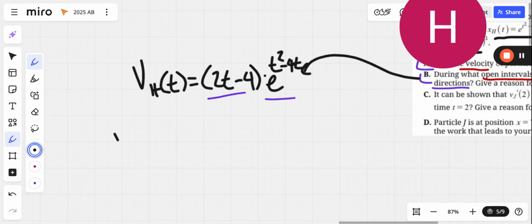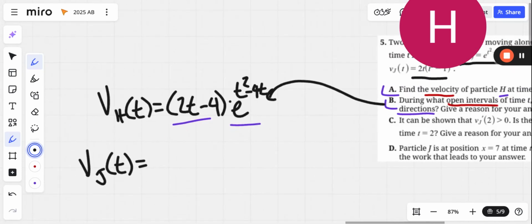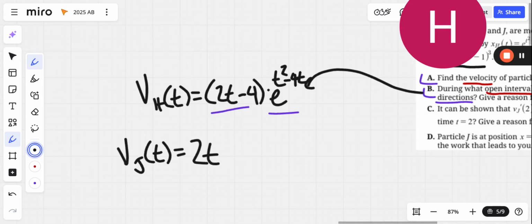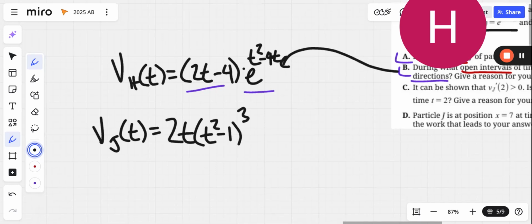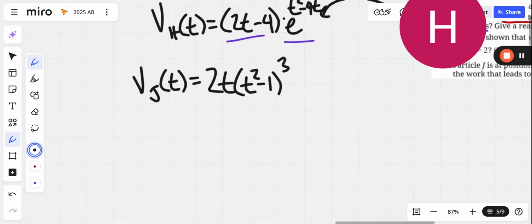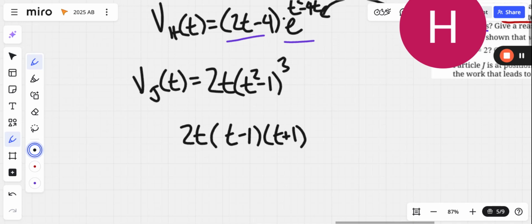And then, of course, VJ, the velocity of object J, they gave us this equation. It's simply 2t times t squared minus 1, cubed. Now t squared minus 1 might seem a little tricky, but you can just think of it as t minus 1 times t plus 1, and this is all cubed.